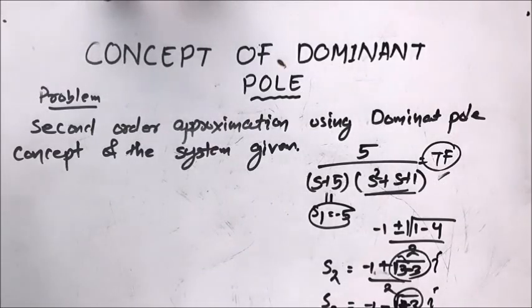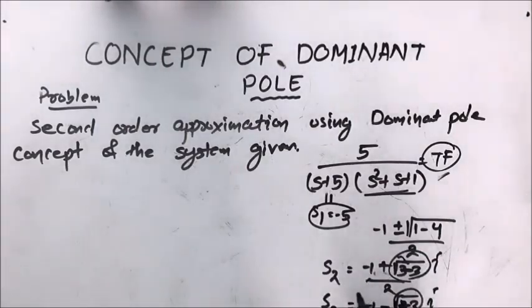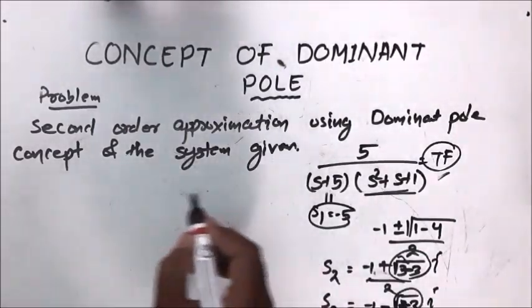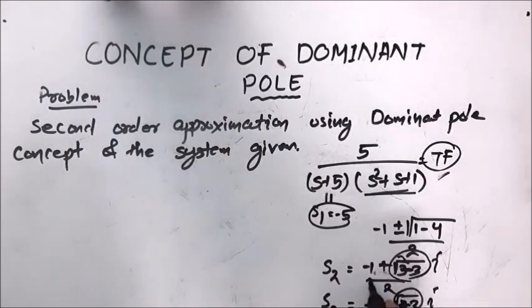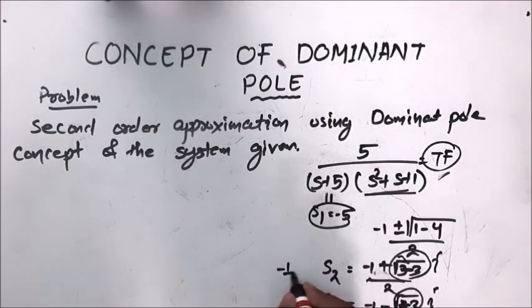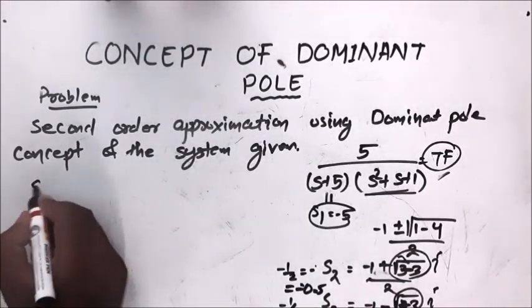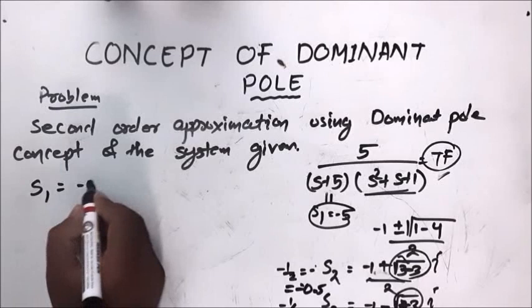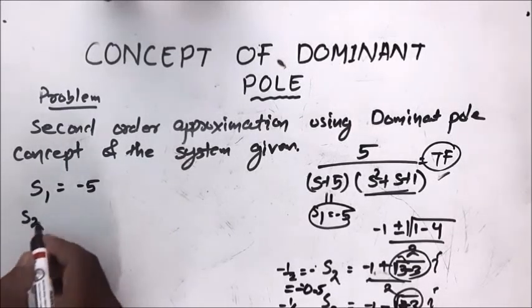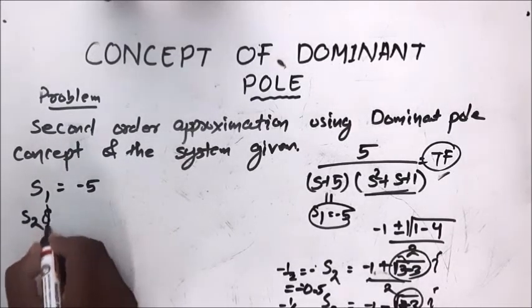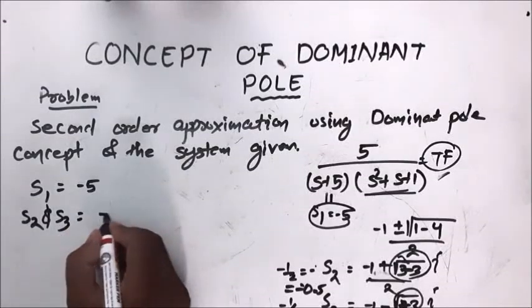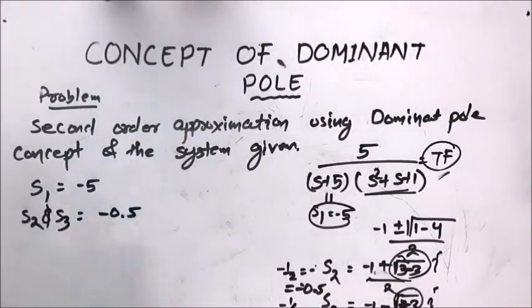So we don't bother about the imaginary term, only the real term, because we need to find out the horizontal distance. So the real term is minus 1 by 2 here, minus 1 by 2 here. So this is minus 0.5. So S1 is minus 5, whereas the real part of S2 and S3 is equal to minus 0.5.